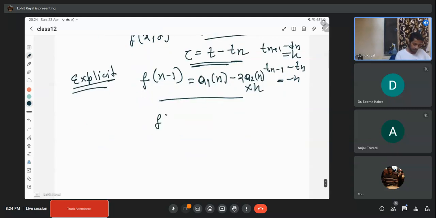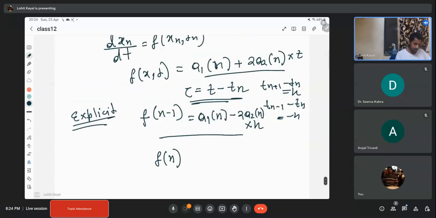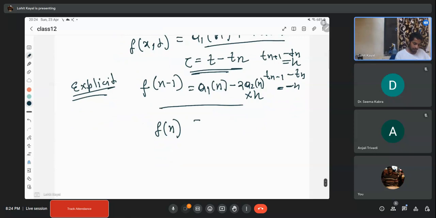And f of n minus 1 is at t equal to tn minus 1. So in this case, I need to use tn minus 1. In terms of tau, you will get minus h. And f of n, you need at tn, that means tau equal to 0. So f of n will be simply a1 of n.